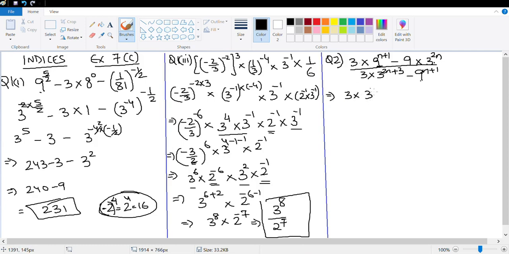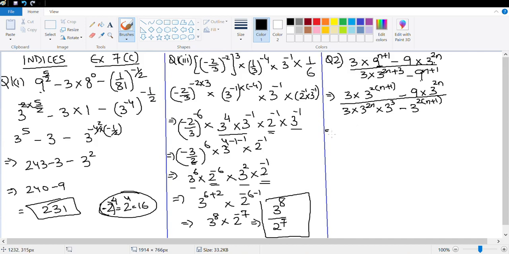So this is 3 to the power 2 multiplied with n plus 1, because 9 is 3 to the power 2.